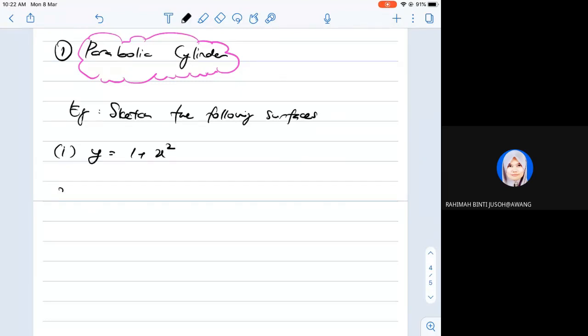Okay, and then number 2, let's say we have z equals to 9 minus x squared, macam tu.